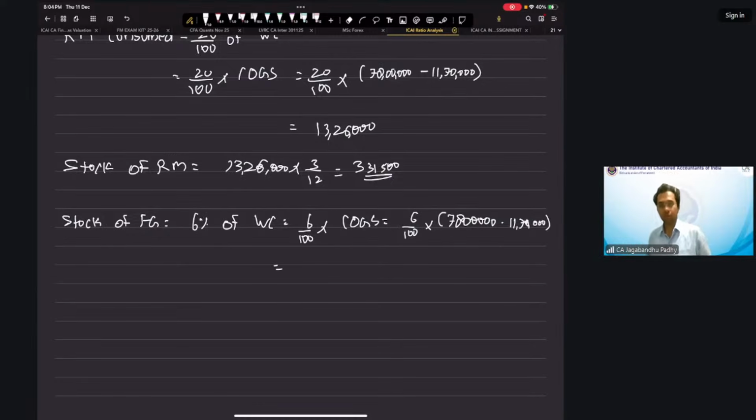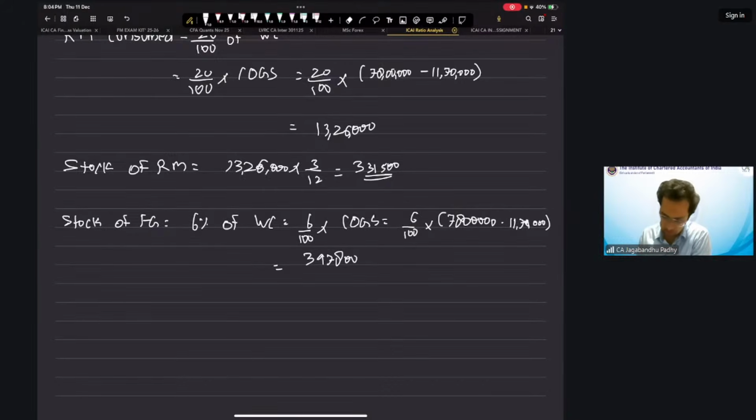Okay, guys, what's the stock of finished goods? 6% of this, right? So 78 lakh minus 11 lakh 70,000. On that, you have 6%. So 3 lakh 97,800.